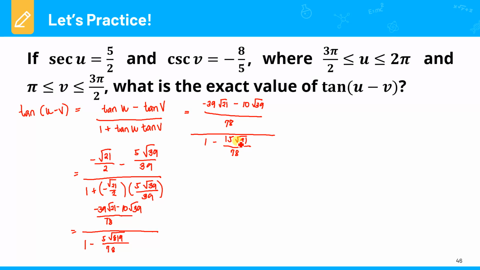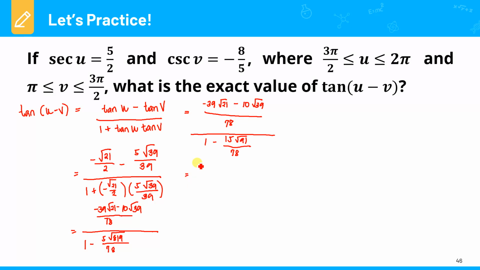Now, in this case, 15 and 78 have a common factor, which is 3. 78 divided by 3 is 26, and 15 divided by 3 is equal to 5.